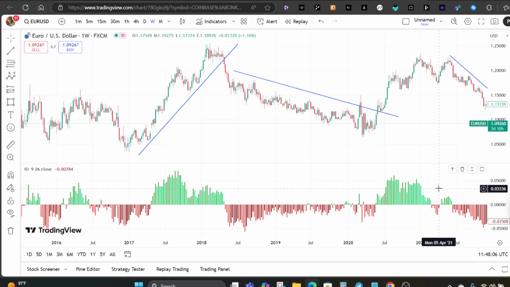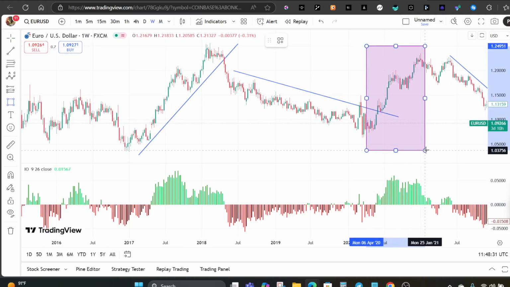When the oscillator is in the positive territory, when it is above zero, when the histogram bars are above zero, it shows that there is buying pressure and the market is likely in an uptrend and buyers are in control. Look at this, a very practical example.